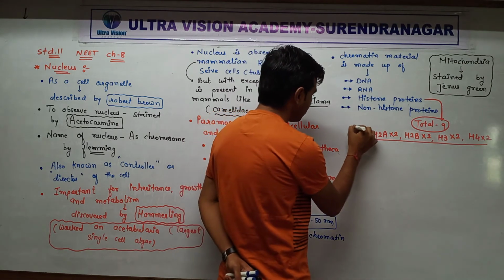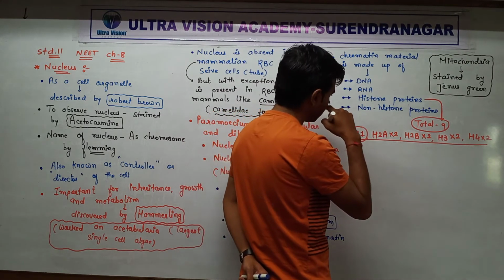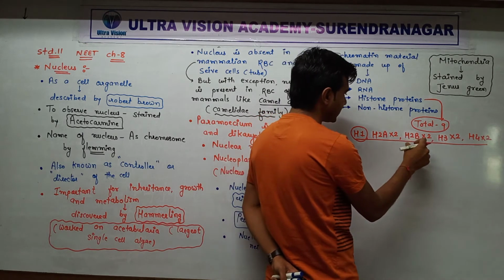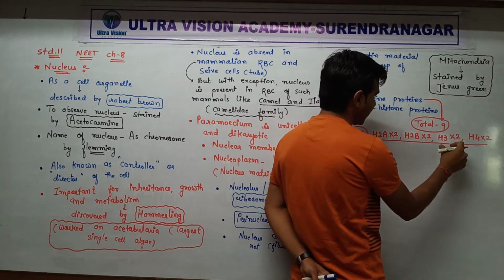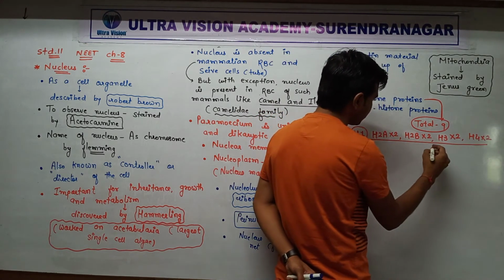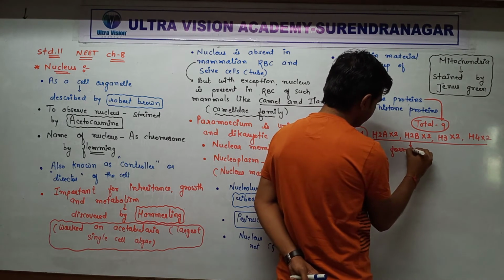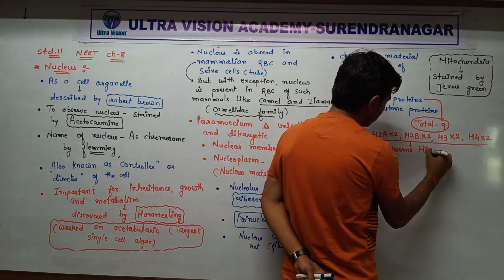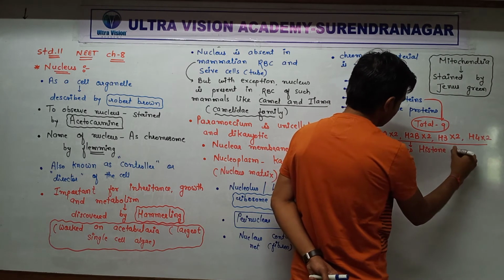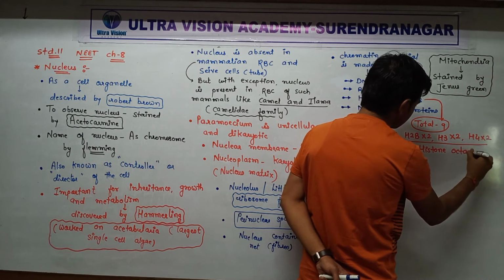So except for H1, H2A 2 molecules, H2B 2 molecules, H3 2 molecules, and H4 2 molecules form the histone octamer.